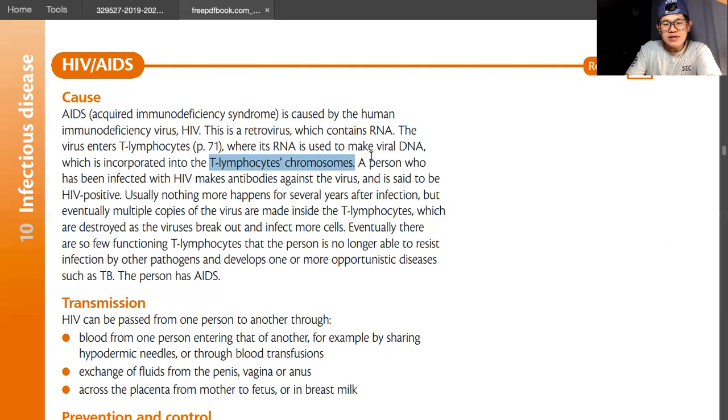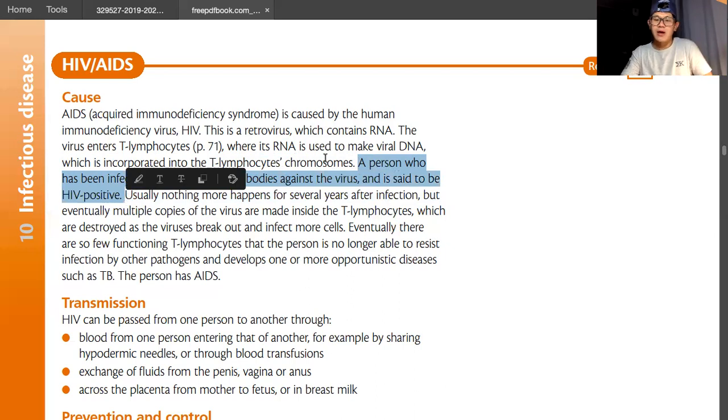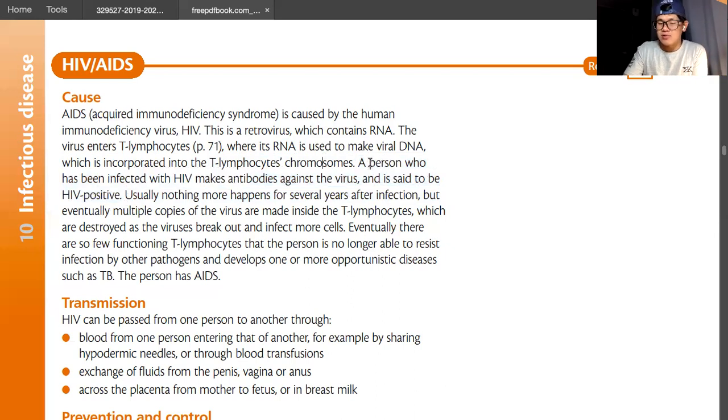Okay, a person who has been infected with HIV makes antibodies against the virus, and is said to be HIV positive. So how do we know that the person is HIV positive?